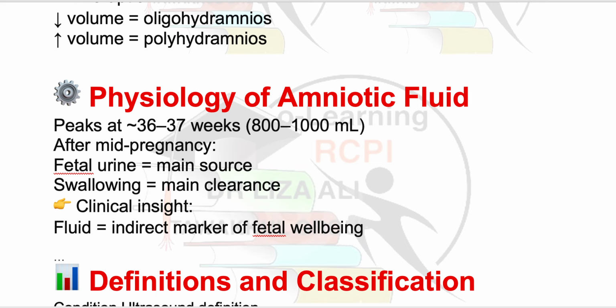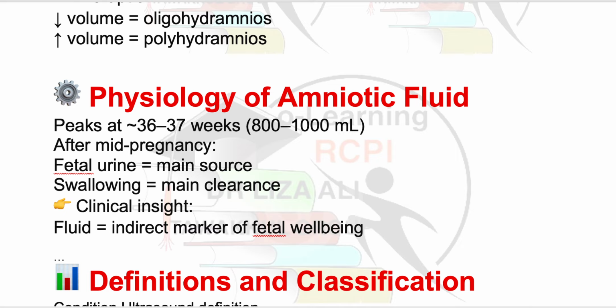What is the main importance of amniotic fluid? It is a marker of fetal well-being, because if the fetus is floating in that fluid and drinking it, the baby is alive. So this is a marker of fetal well-being.